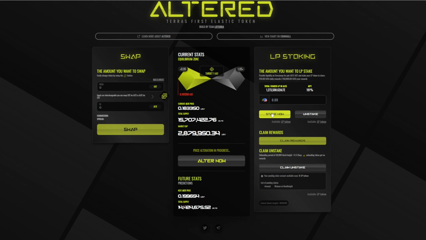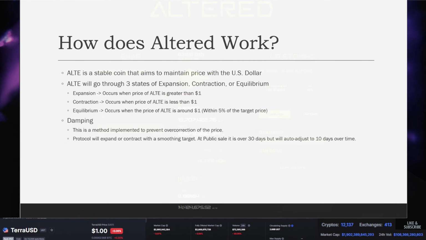Expansion occurs when the price is greater than $1, and what expansion will do is pretty much expand the existing supply of tokens, and how that will affect you is because it's non-dilutive, your actual holdings of the token will increase with that expansion. Contraction occurs when the price is less than $1, and it does the opposite of expansion.